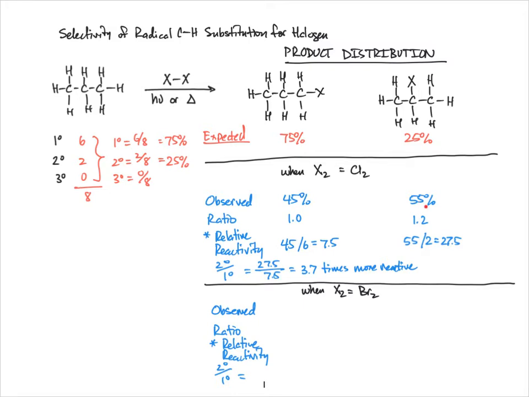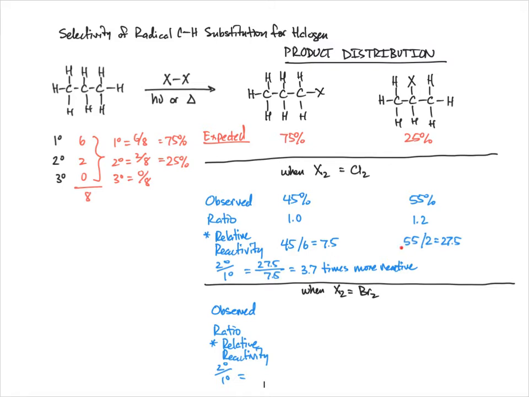If we divide both by 45, we get 1 to 1.2. This new term, relative reactivity: we take the isolated yield and divide it by the number of hydrogens that are primary, which is 6, to get 7.5.